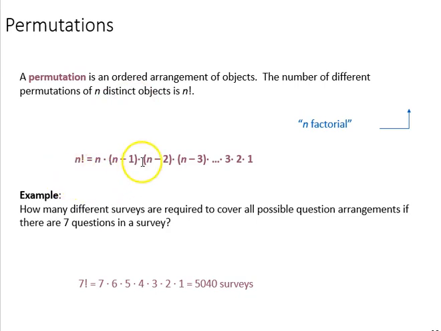So n factorial is n times n minus 1 times n minus 2 times n minus 3 ad infinitum. For an example, how many different surveys are required to cover all possible question arrangements? If there are 7 questions in a survey, that's 7 factorial, and that gives us 5,040 different surveys.